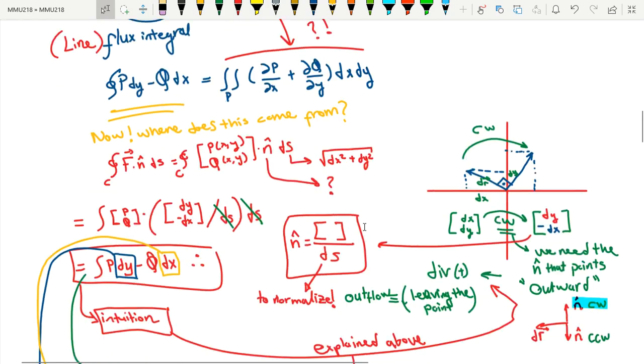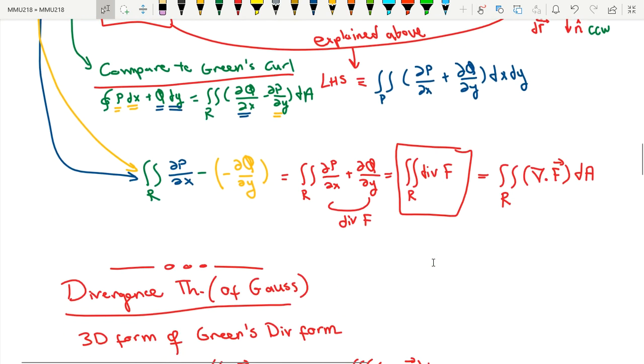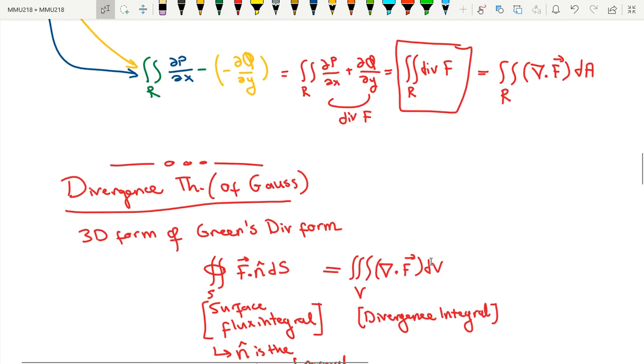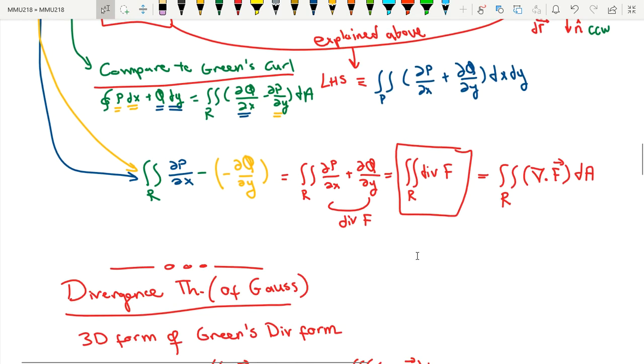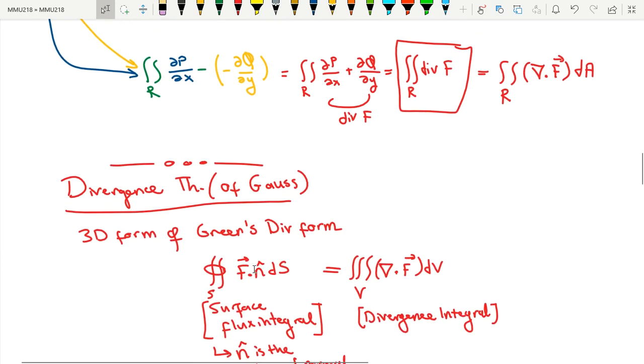It can be represented as the divergence of the vector field that is acting on that surface, or the curve. All right, if we move right on to the divergence theorem of Gauss, you can say this is just a 3D form of Green's divergence form.